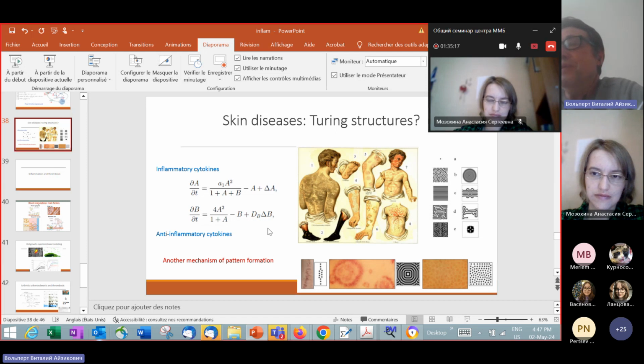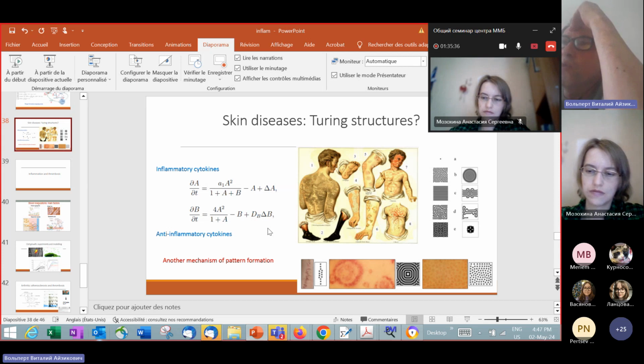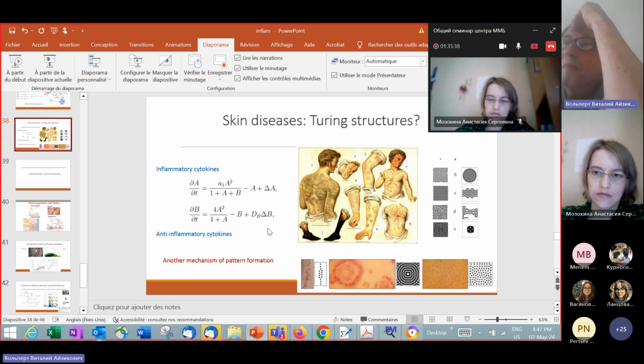Because these are different molecules, and their diffusion depends on their size. According to what I found, inflammatory molecules are smaller and diffuse faster. So whether it is sufficient or not to produce the structures, I cannot say.